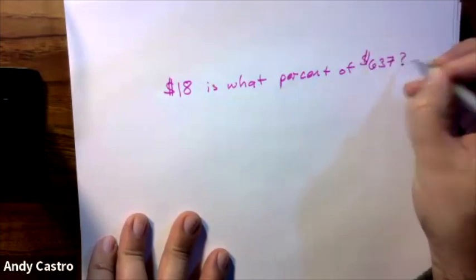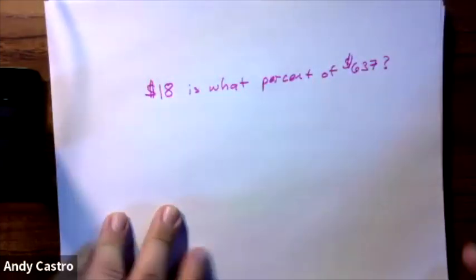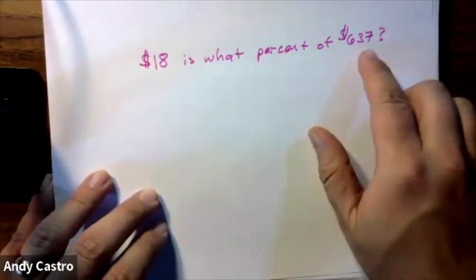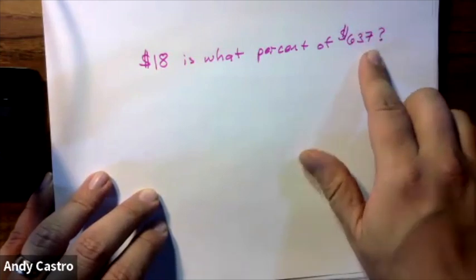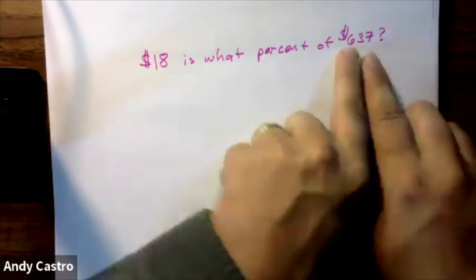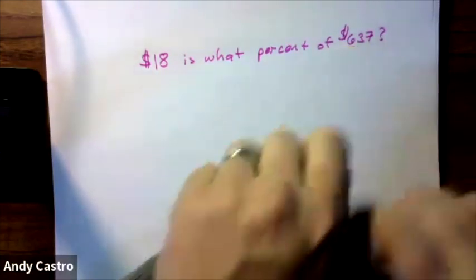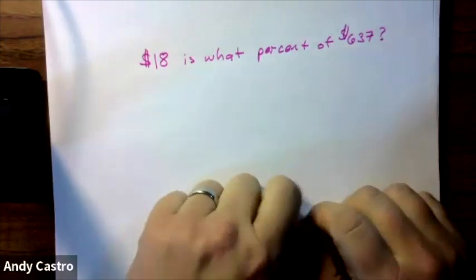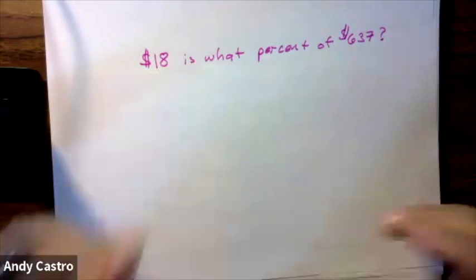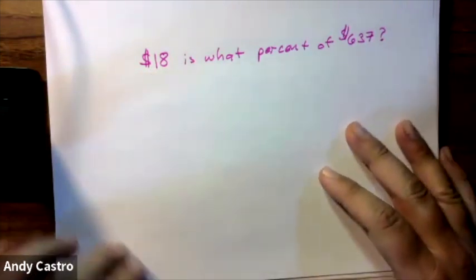Okay. $18 is what percent of $637? So this might be useful in a situation where, let's say that you have a business, you make $637 and then you pay out all of your costs and you're finally left with $18. And you want to know, okay, what is my percent profit here?